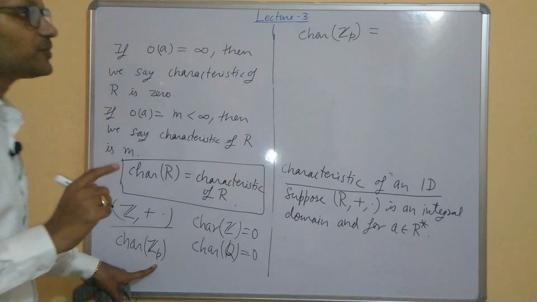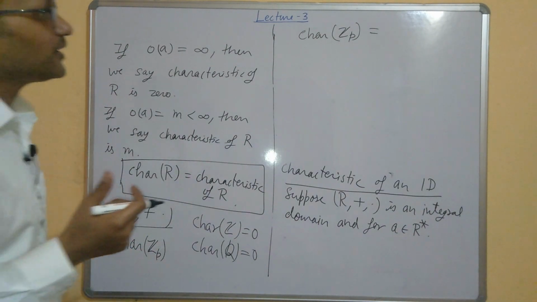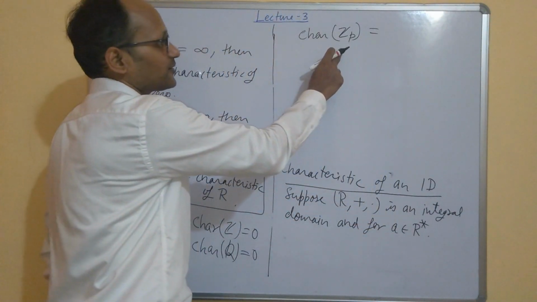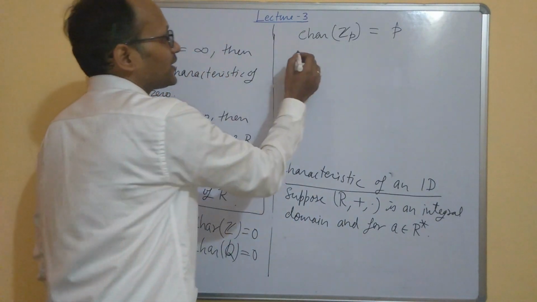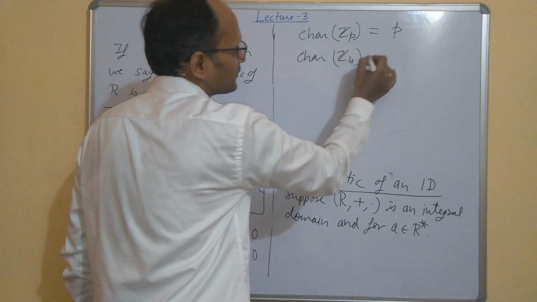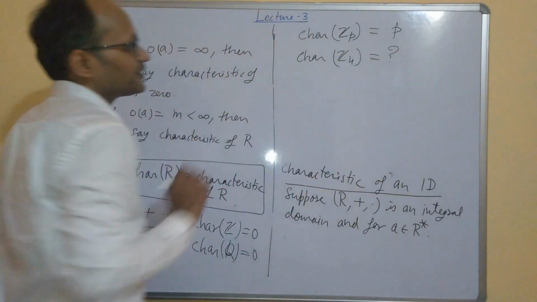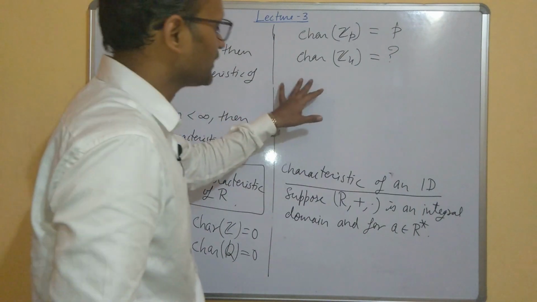So Zp with respect to addition is a cyclic group of order p, and the order of each non-identity element is p here. So the characteristic of this ring is p. What is the characteristic of Z4? Note that this is not an integral domain, so we have not defined characteristic for this ring.